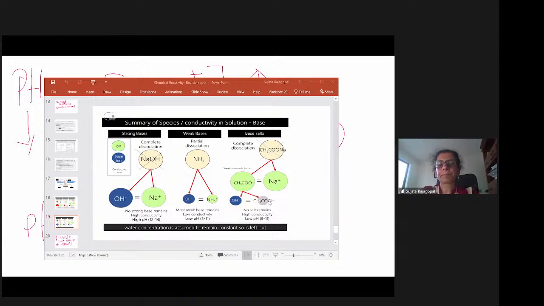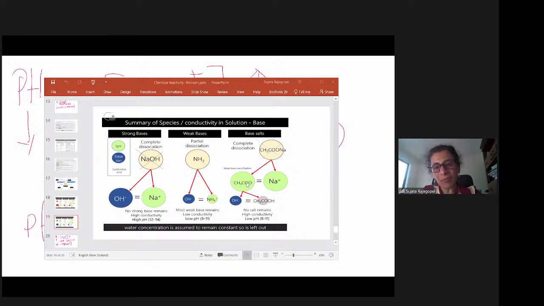Someone else asked, why does it say CH3COO equals Na plus? I'm guessing that's on the diagram. For the complete dissociation, you've got CH3COO minus. So Na is your positive salt, sodium, which separates, and then you have CH3COO, which becomes a weak conjugate base.